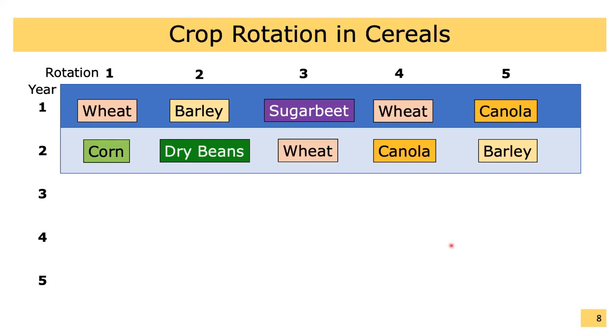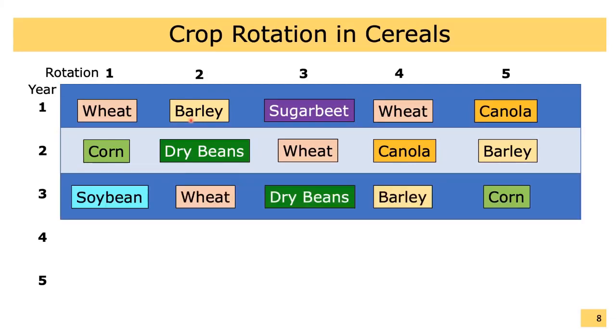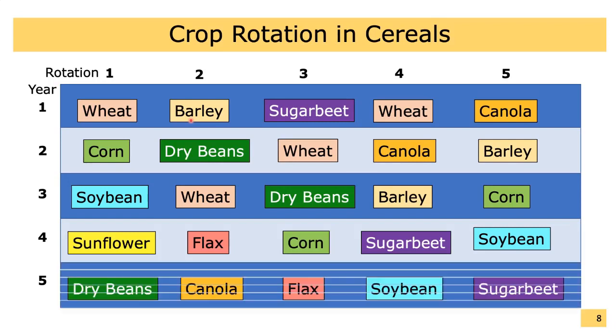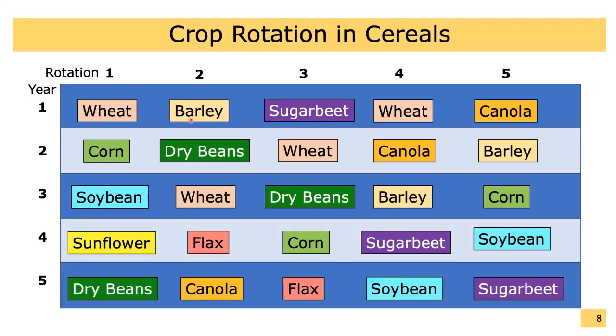Presence of dry bean gives the opportunity to soil to replenish its nutrients and interrupts the life cycle of plant-specific pathogens. Similarly, we can continue to rotate crops differently and add new crops into rotation.